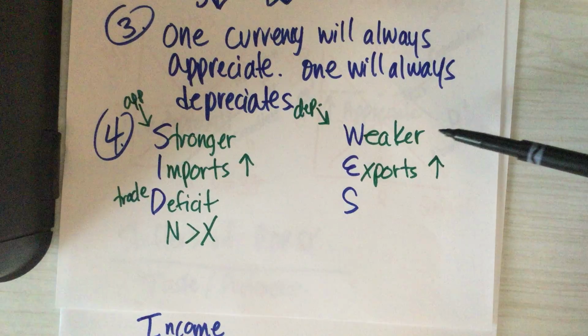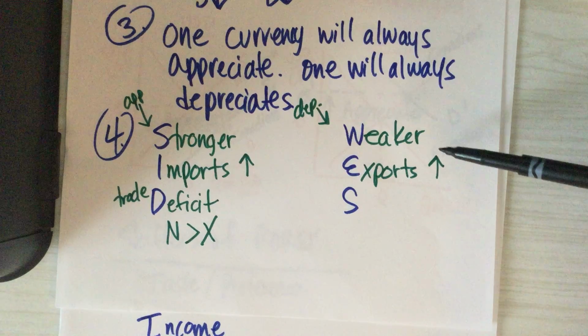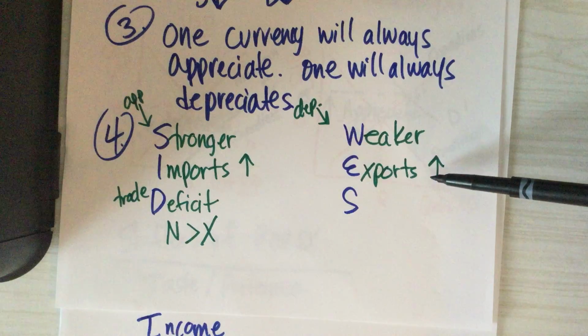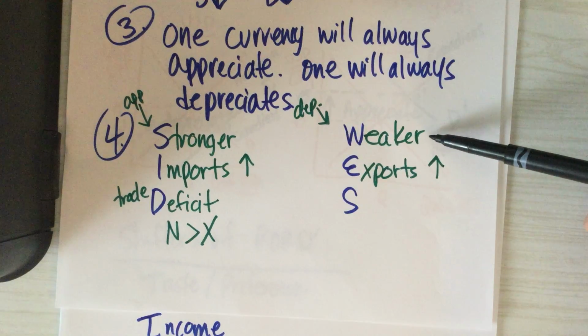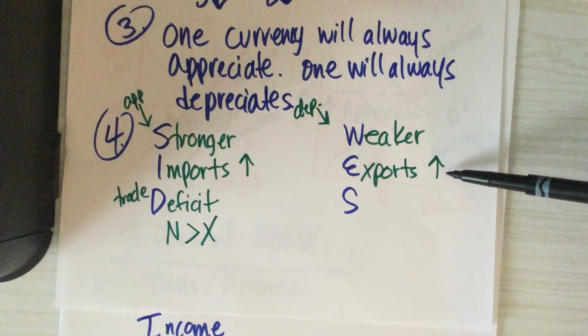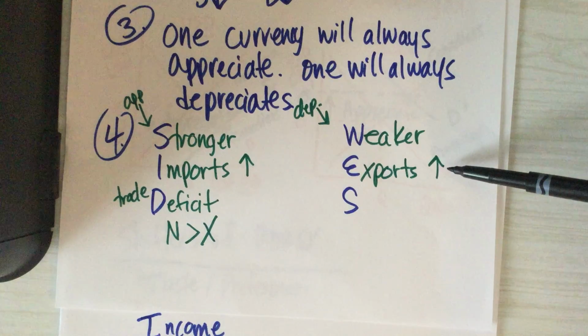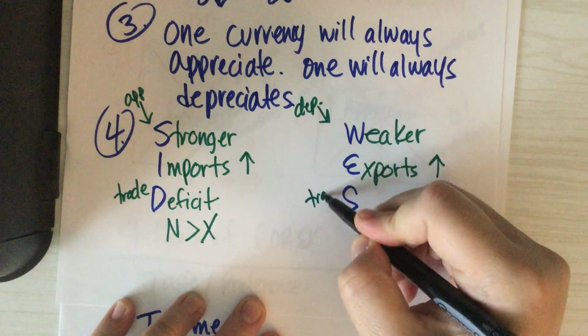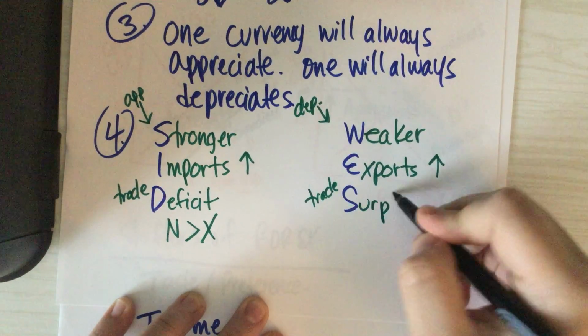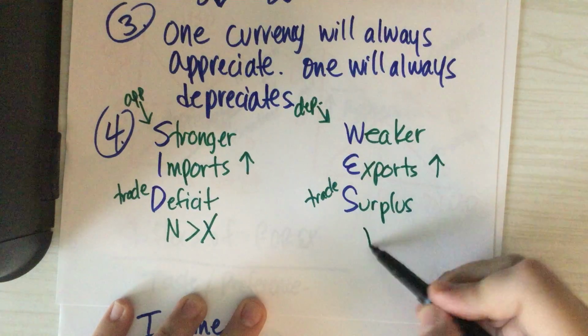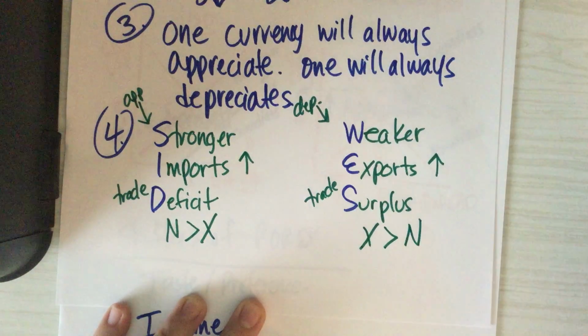If our dollar is weaker, then other countries are going to buy goods and services from us because for them it will be cheaper, and our exports will go up. We're going to be selling more goods and services than we're buying, and this is going to cause a trade surplus. A trade surplus is when we're exporting more than we are importing.